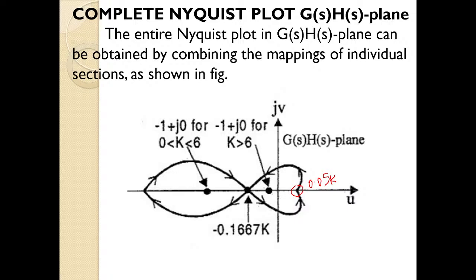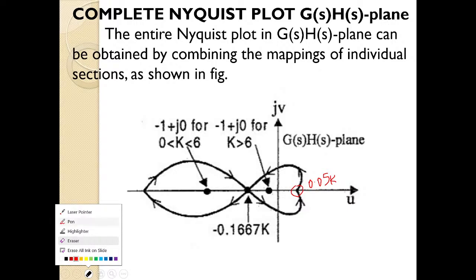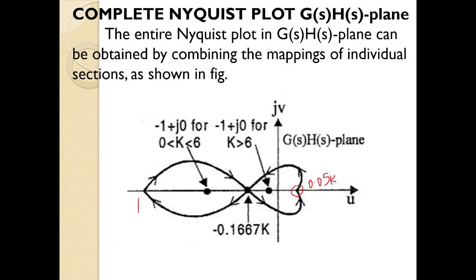This is our plot, and till now we have 2 points. We have actually one more point, which I didn't write. This point is K, and this point is 0.05K, and this is our intersection point. These 3 points we have.